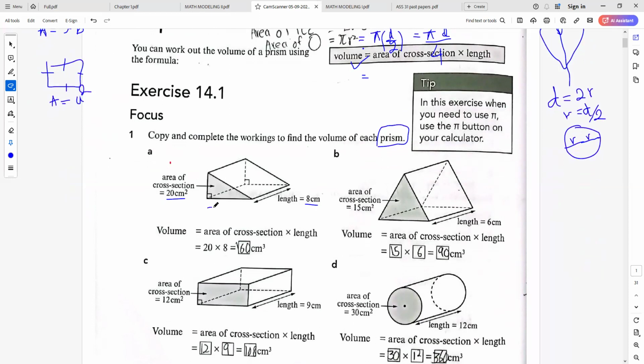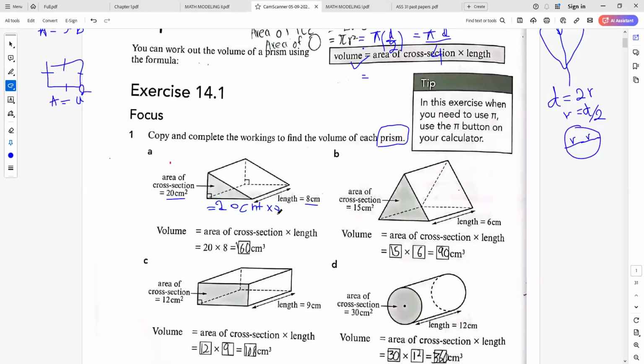So here, first you will write the equation, then you will substitute 20. When you substitute the values, you better write along with the unit. So 20 centimeters squared into 8 centimeter. In case this length is given in meter or in any other unit, you will have to convert it to centimeter, because then only we can multiply and get this answer in one particular unit.